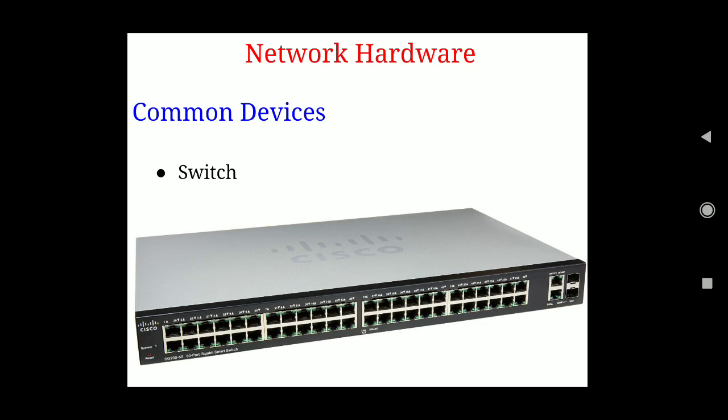So this is the distinction between a switch and a hub. A hub simply broadcasts the signal to all the machines, and a switch can transport the message such that it can only be received by a particular recipient. That's why a switch is called more intelligent than a hub.